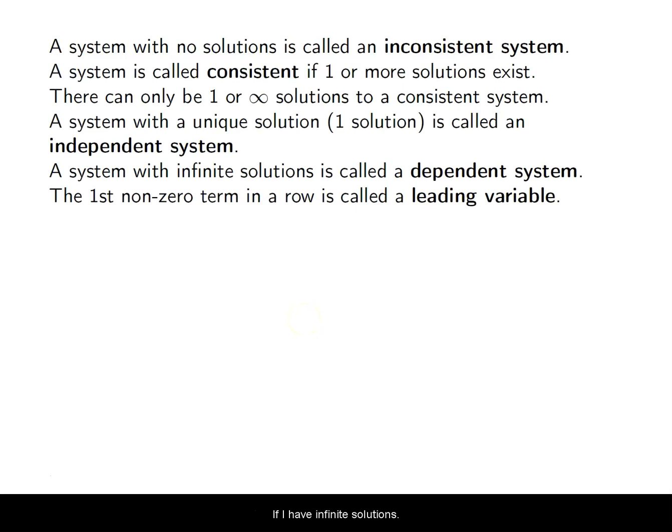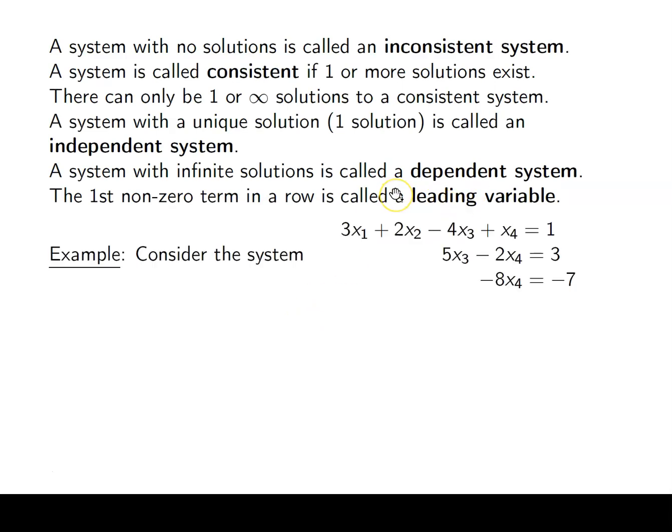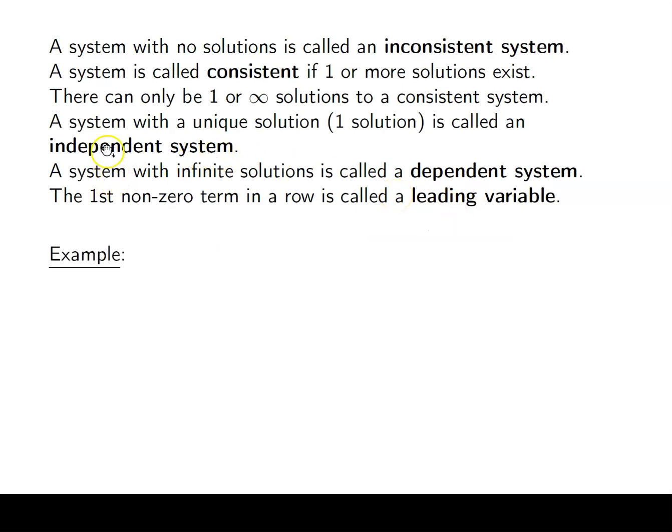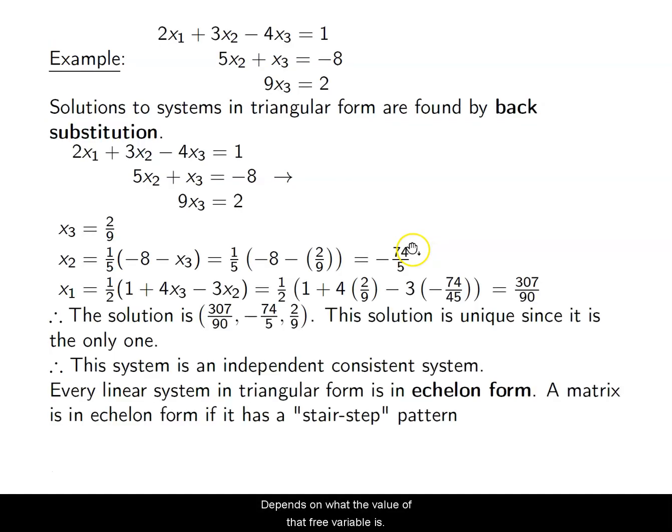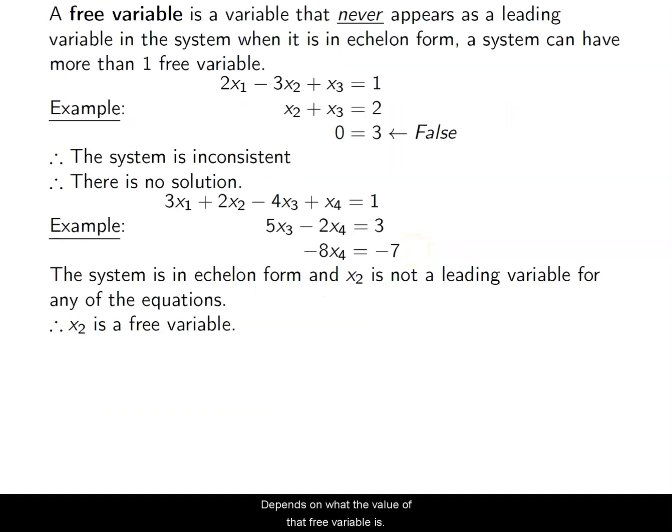If I'm a consistent system with infinite solutions, I am a dependent system because everything depends on what the value of that free variable is. This is my free variable, so x3 depends on what I choose for x2.